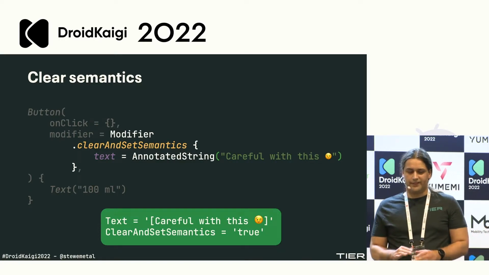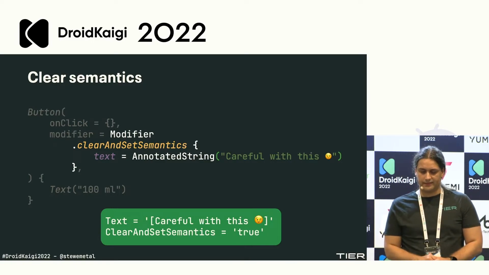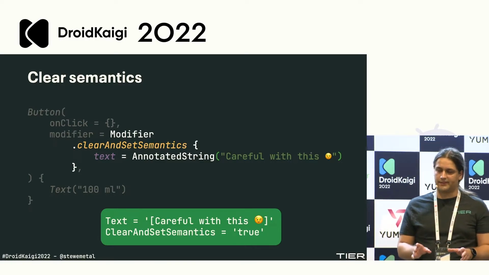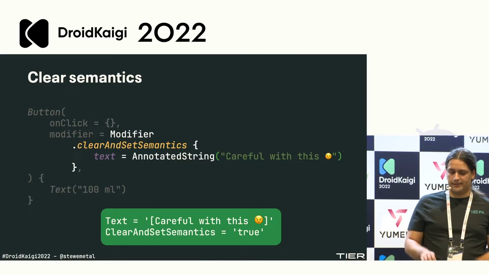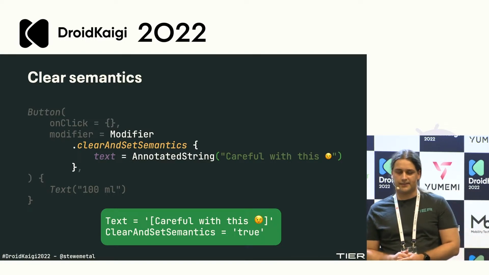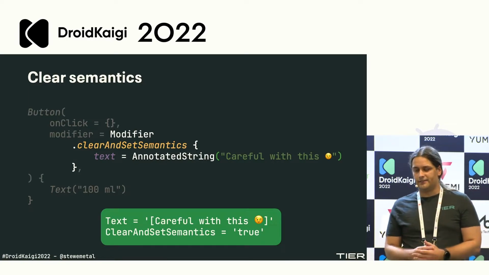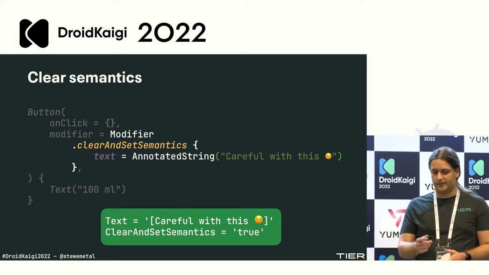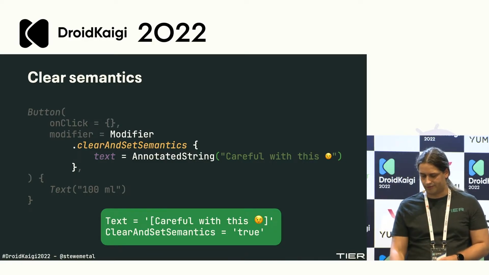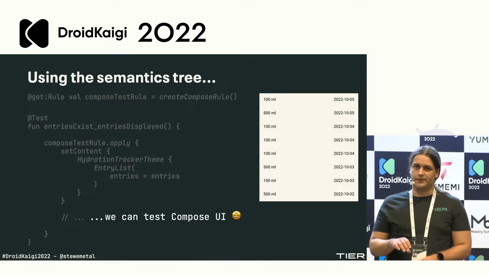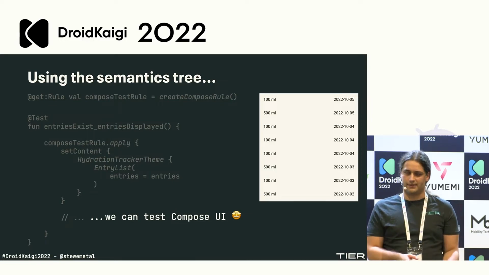There will only be just one node created, and it will have the semantics information purged. And in the block of clearAndSetSemantics, we can add some extra semantics information that will in fact override everything that the button in this example would emit. Okay, so just don't overuse it. Be careful with this.